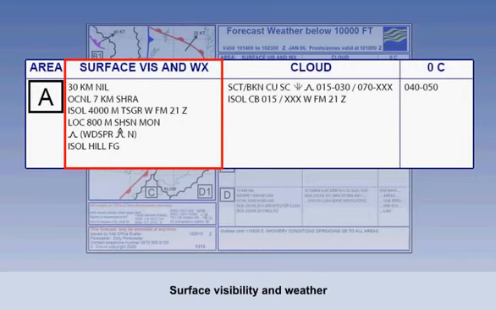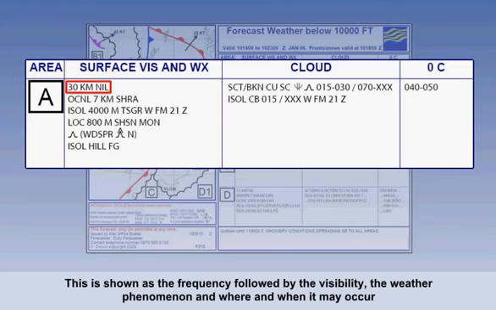Let's just focus on Area A, and the first column, which forecasts the surface visibility and weather. The first line of text details the general conditions that are forecast to occur in that particular weather area. In this case, the surface visibility is 30 kilometers with nil weather. However, some variation may exist within Area A, which is different from the general conditions.